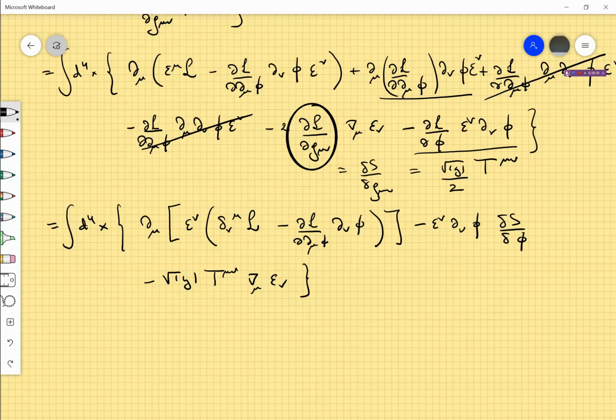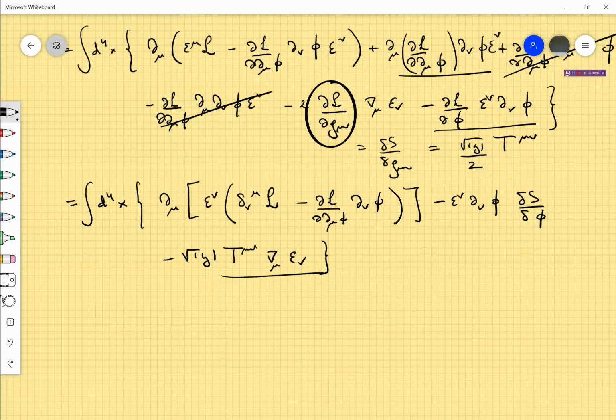Okay, next step. The next step consists in integrating by parts this term, because as I said, we want to remove all the derivatives of epsilon nu, or the parameter of the transformation. And okay, this means we are going to collect another term in the total derivative.